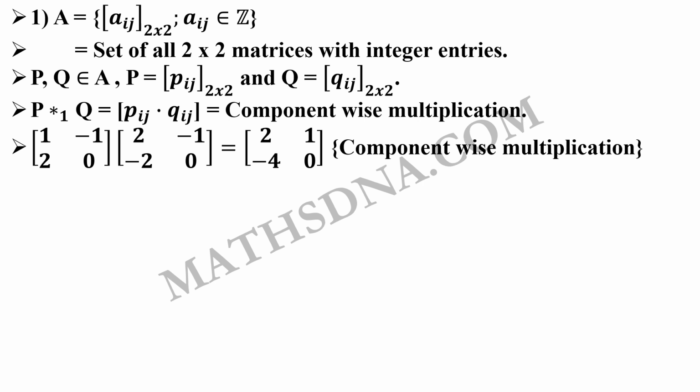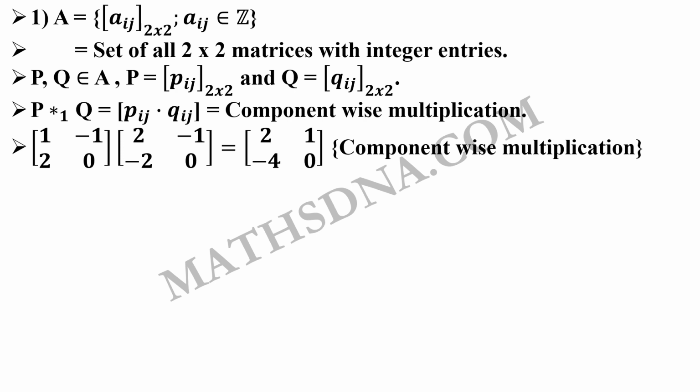If we take two matrices 1 minus 1 2 0 and 2 minus 1 minus 2 0, and we multiply them component wise, then the result will be 1 into 2, first element with first element, 2; minus 1 into minus 1, second with second, 1; third with third, 2 into minus 2, that is minus 4; and 0 into 0 will be 0. This is what we mean by component wise multiplication.